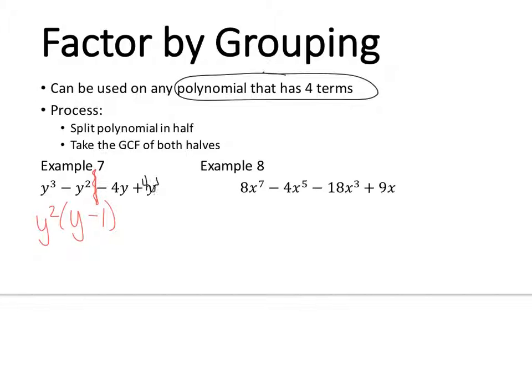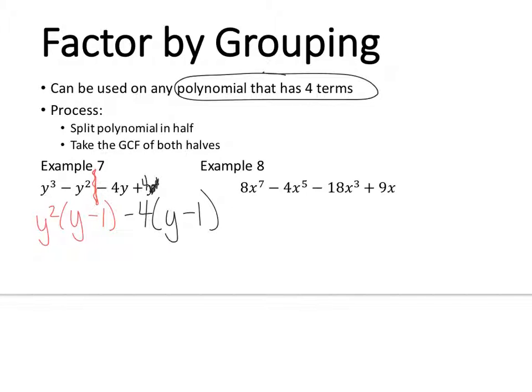That y shouldn't be there. Instead of a y, it should have been a 4. So it should say negative 4y plus 4. They both have 4 in common, but again, just like when we talked about with quadratics, my first term can never be negative, so I'm actually going to pull out a negative 4. And that's going to again leave me with y minus 1.